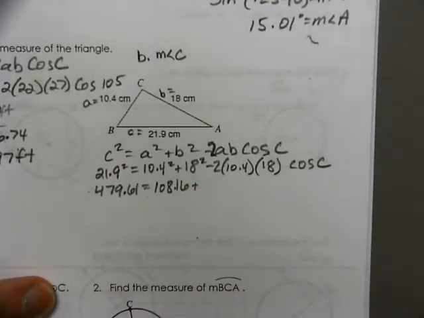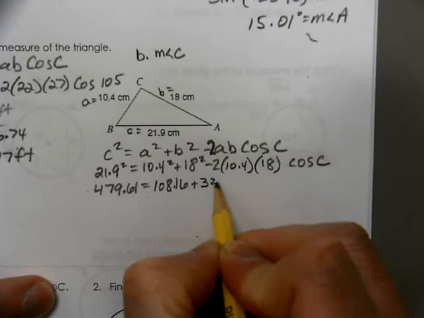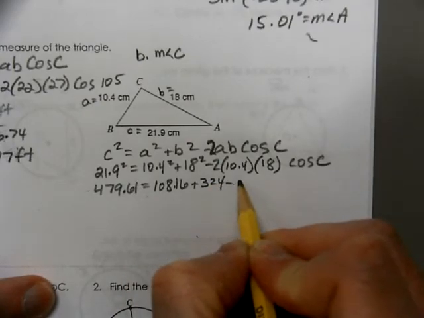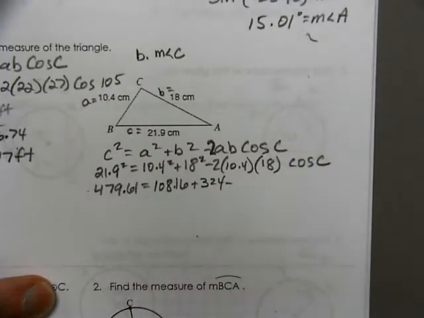And 18 squared is 324. Minus 2 times 10.4 times 18.